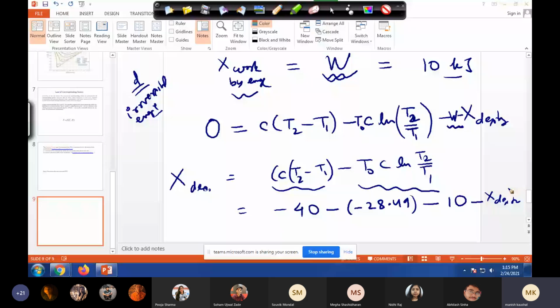So this is minus 40. This is fine. T naught, C L, and T2 by T1. T2 is less than T1. So that's how it should be.